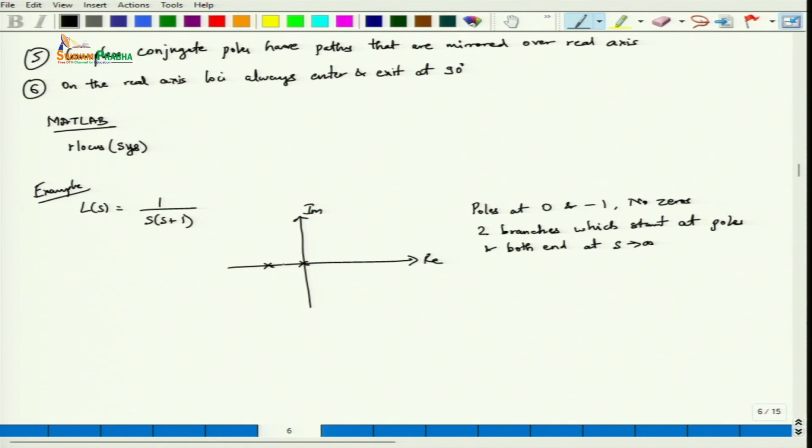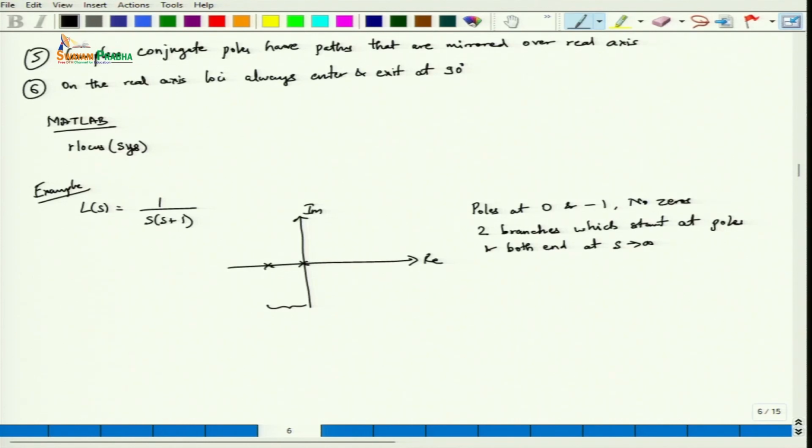So that means this particular segment will be a part of the root loci. Beyond -1, there are an even number of poles, which implies that this part won't be a part of the root loci.